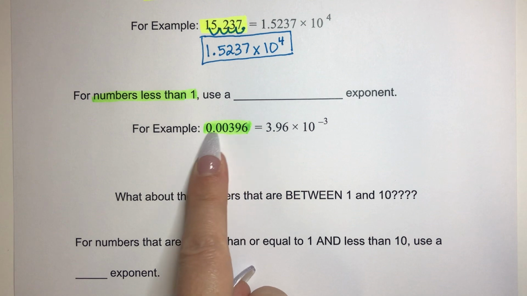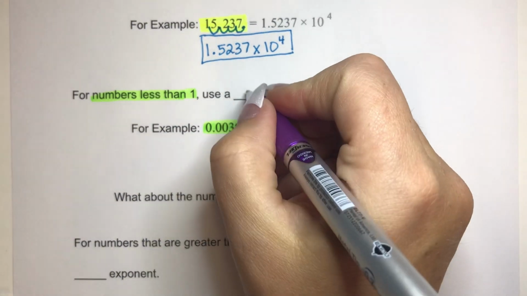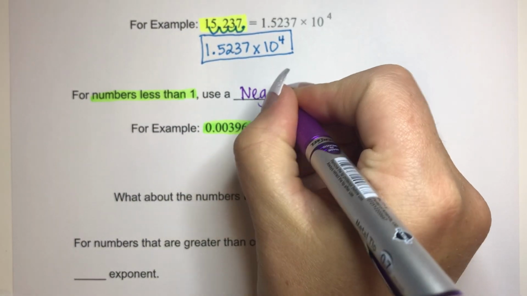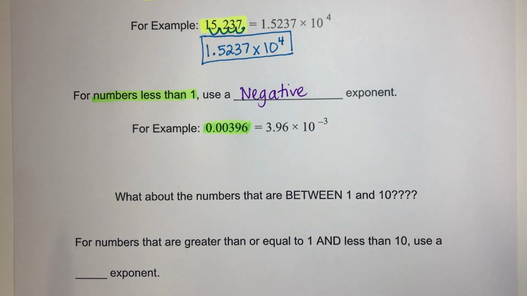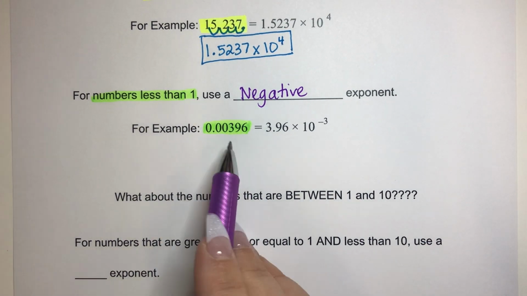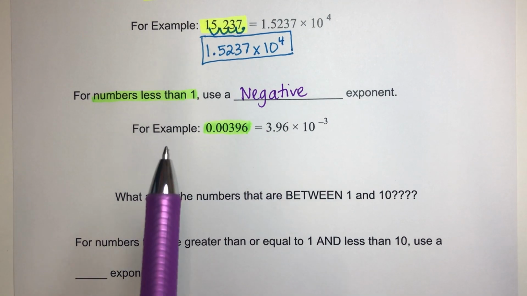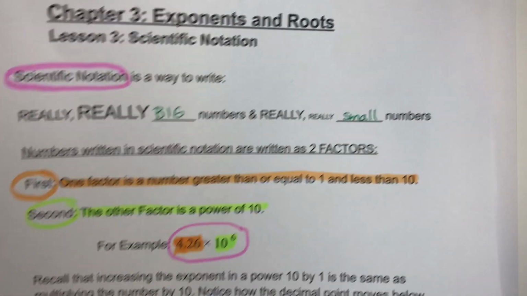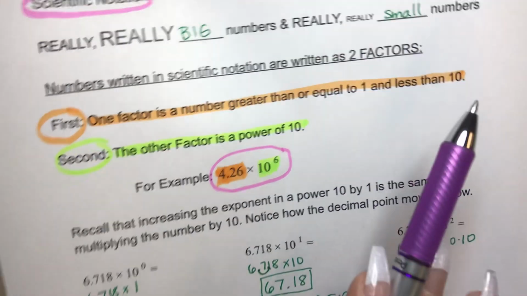Whenever you're writing really, really small numbers, you need to use a negative exponent. A negative exponent right here in this place represents writing really small numbers. So if we have this, remember to write that number in scientific notation, one factor has to be a number greater than or equal to 1 and less than 10.